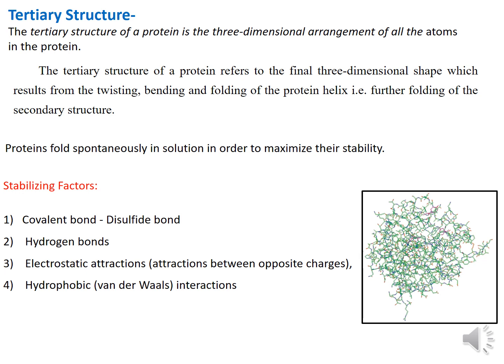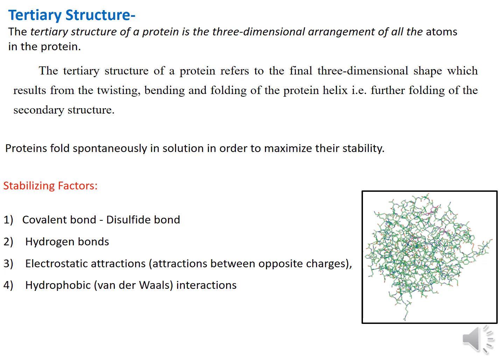Then let us go to the tertiary structure of proteins. As I told in the earlier slides, tertiary structure is the three-dimensional arrangement of all the atoms in the protein, which results from twisting, bending, and folding of the protein helix.